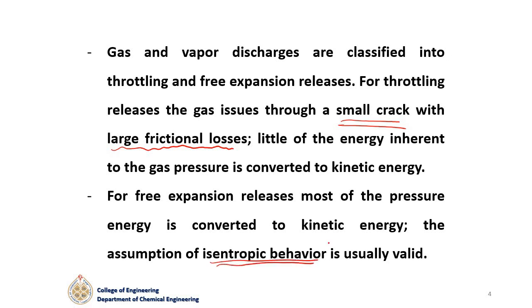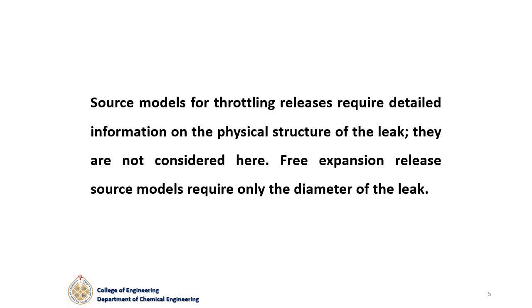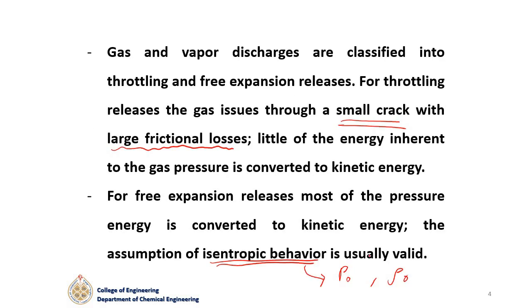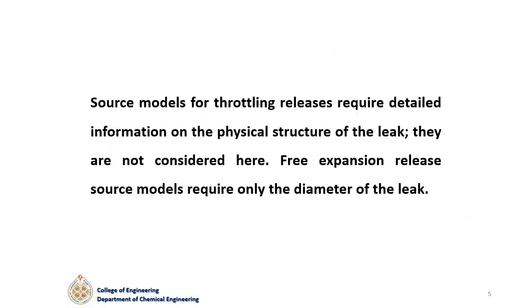And in isentropic behavior, we already have the equations, so that we can find the relationship for P naught and the relationship for rho naught, or for rho, right? And we are going to see how the pressure changes if there's an expansion, how rho changes if there's an expansion. It depends on the heat capacities in the liquid and the vapor phase, which we name gamma, which is Cp over Cv.